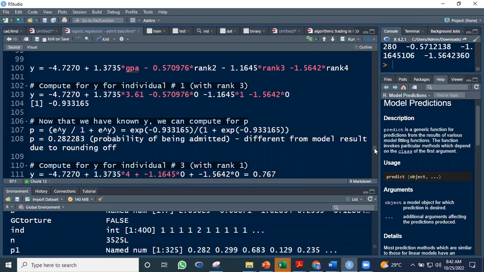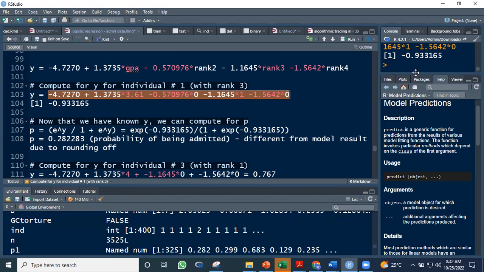Okay, now if we compute for this, let's copy this, Control C. Dito natin i-run sa console na lang. And enter. Ayan, this is the result, no? 0.933165.